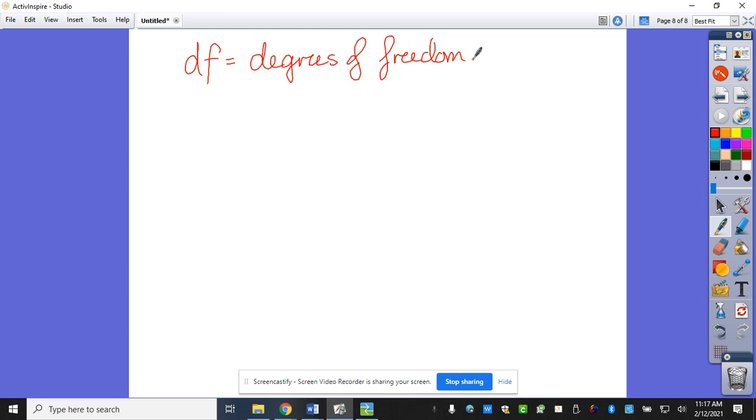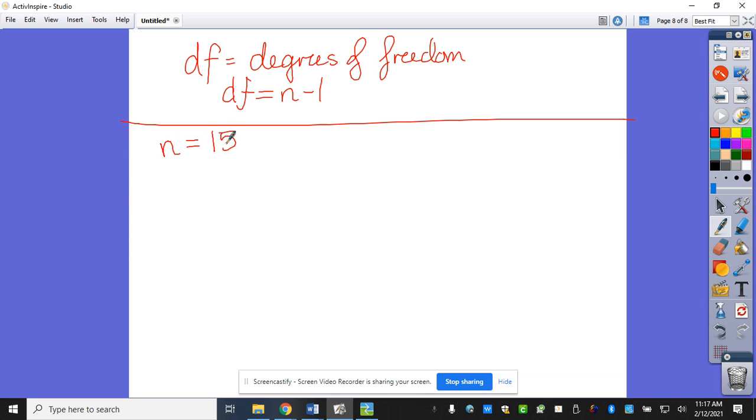But what it is, it's like compensating for error because we're estimating one variable. So your degrees of freedom is n-1. That's what you need to know for today. So using this chart, I want you to find, if your sample size is 15 and we want a 90% confidence level, then I go look at the bottom at 90.